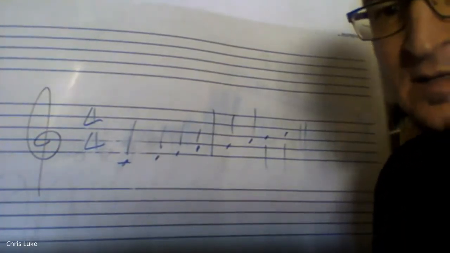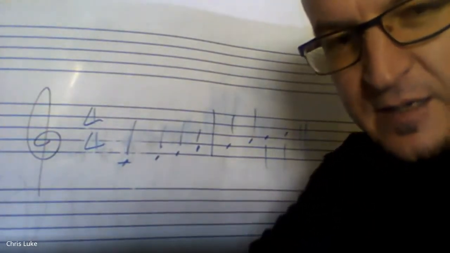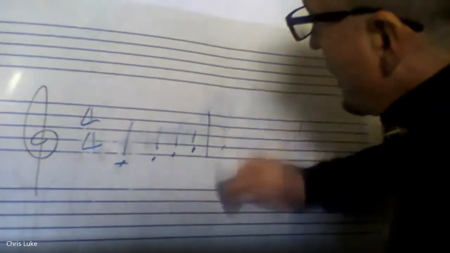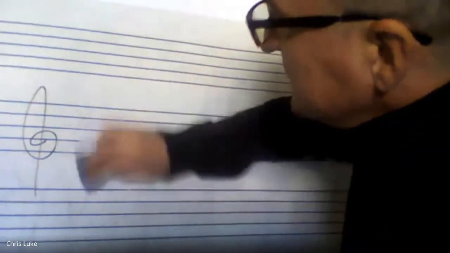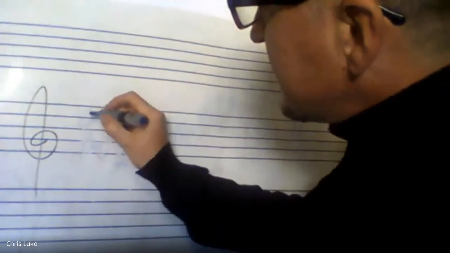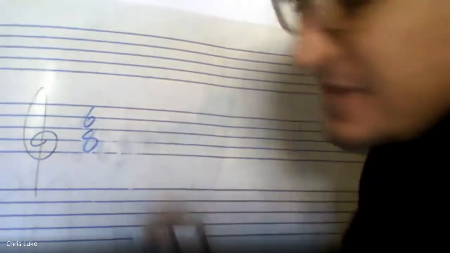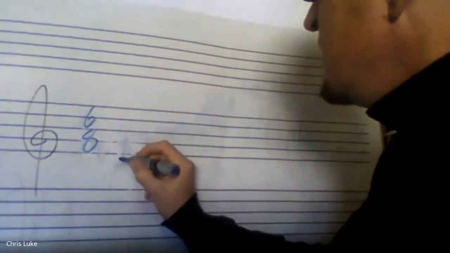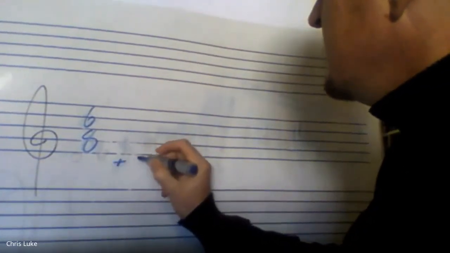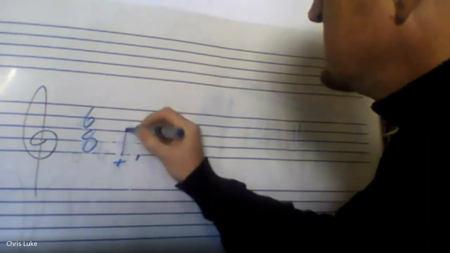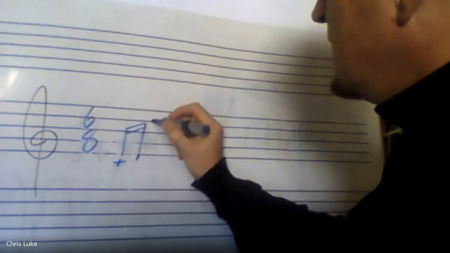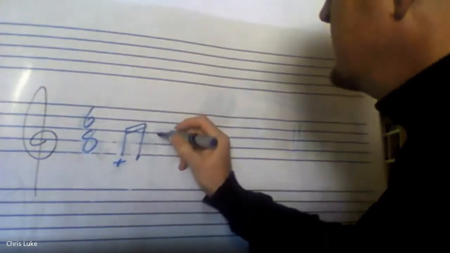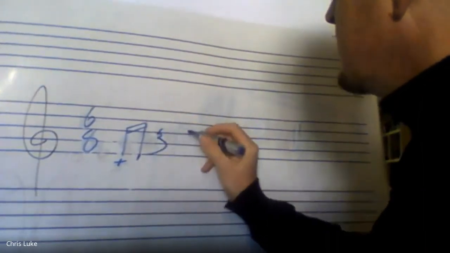Okay. Sometimes they say, let's say, 6/8, which is compound duple time. 6/8, but they say please write it in semiquavers with rests. So then you're going to write like this. You're going to do 6/8 like that.